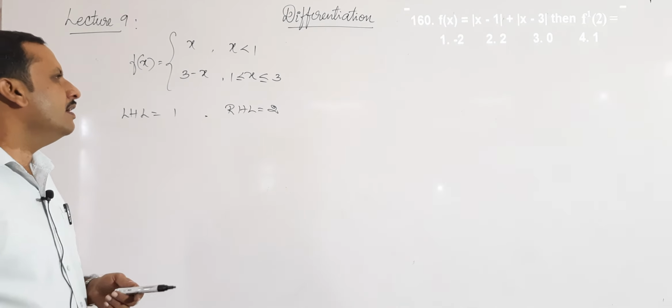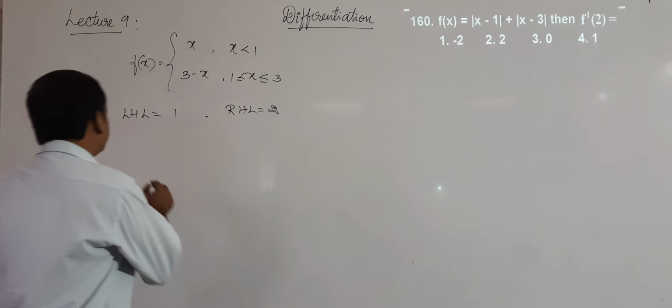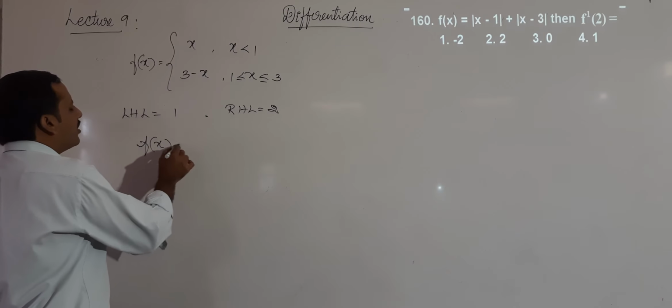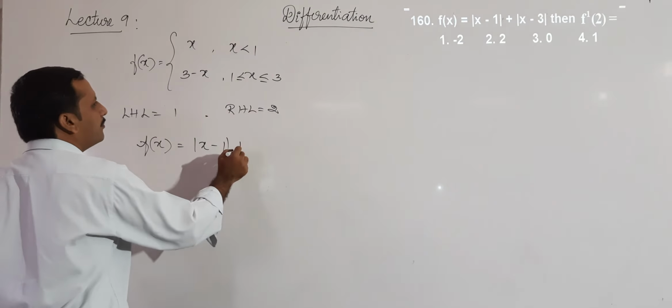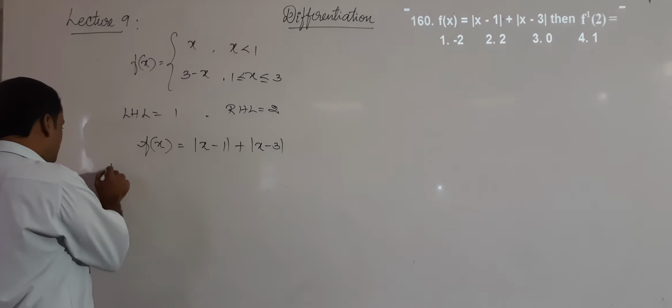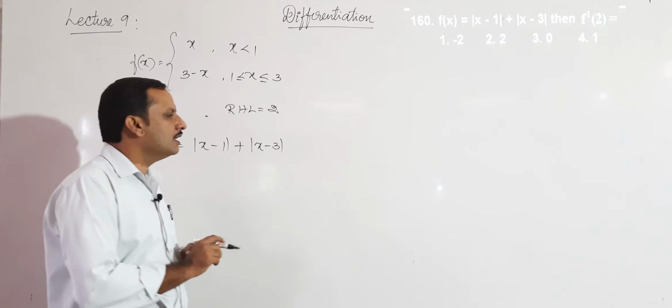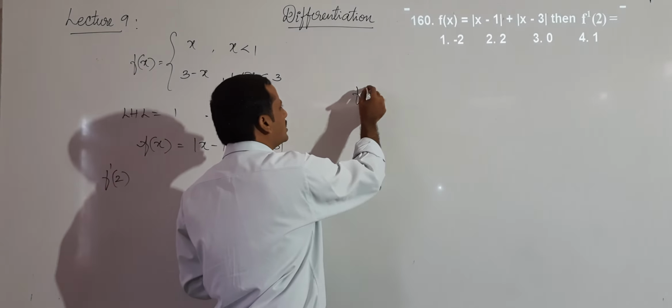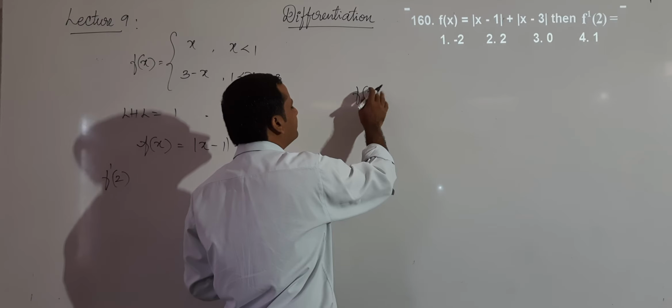160. F of x is equal to mod of x minus 1 plus mod of x minus 3. Then the question is, what is f dash of 2? Okay. See, let us see how these two functions are defined.